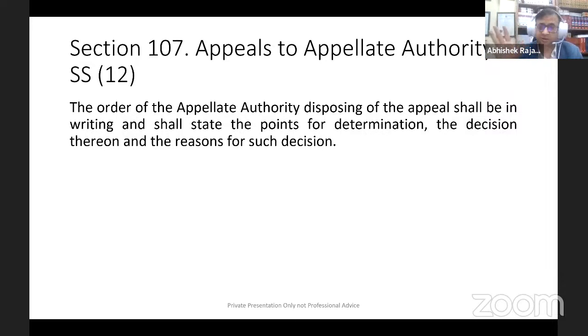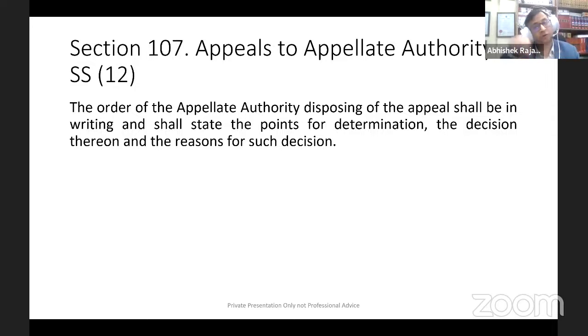So again, the order should be drafted in this way: first, what was the original order? Then why this party has come? What submissions, what grounds they had given, which were not considered by the proper officer. Now, what additional grounds they have considered. Then a conclusion on all these grounds, and what is the view of the officer, the view of the appellate authority.